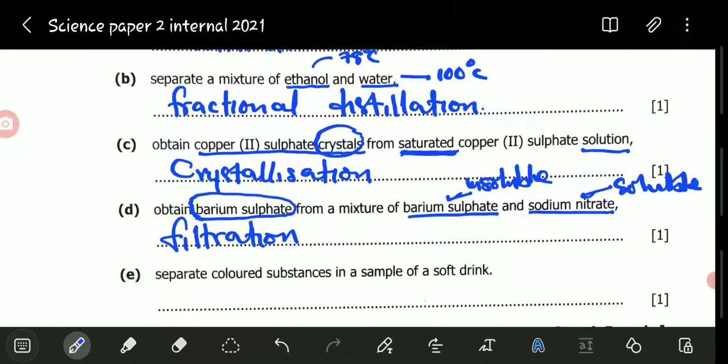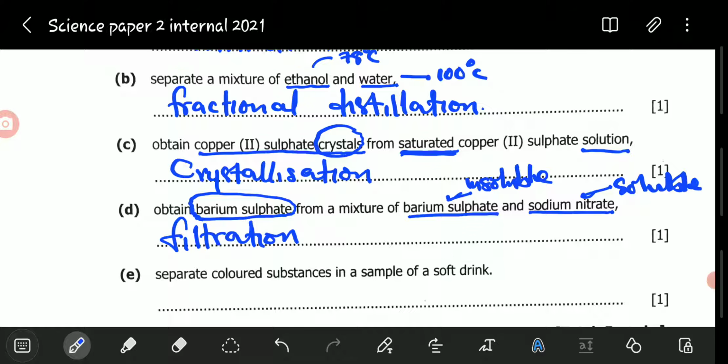All right, we go to E. Separate colored substances in a sample of soft drink. Now, here is the thing. In most cases, you hear colored substances in ink.